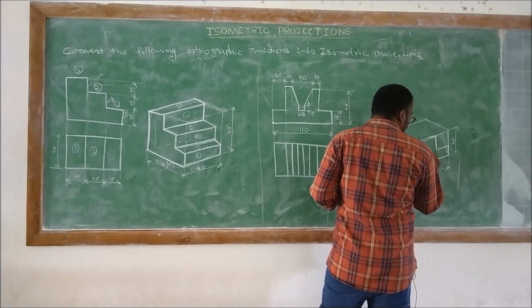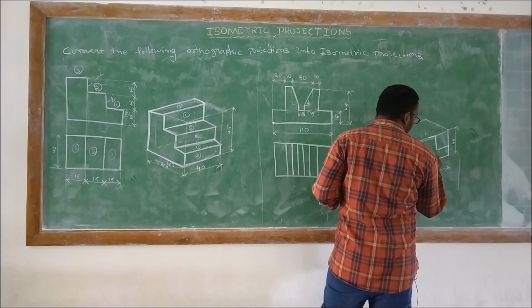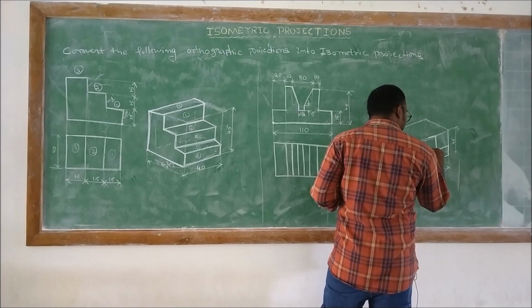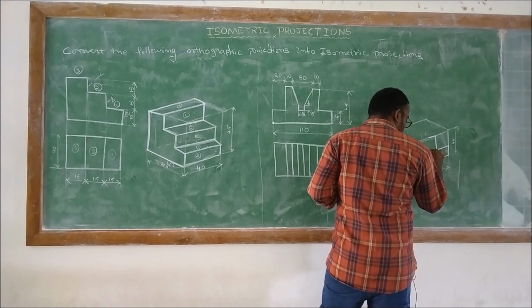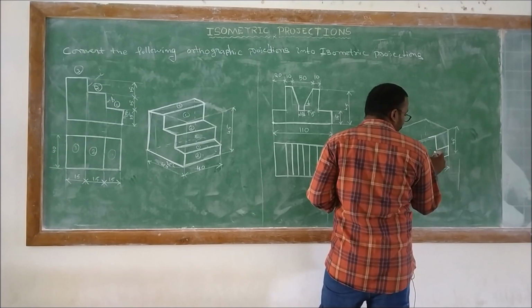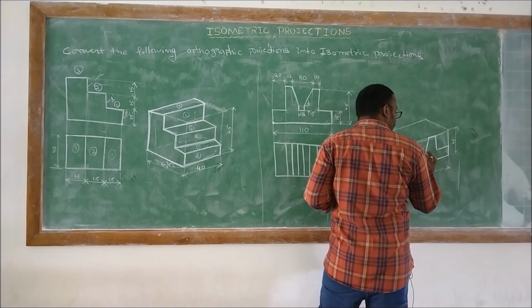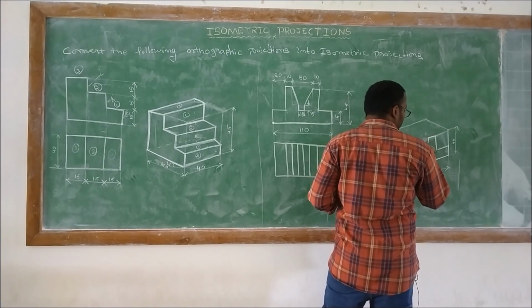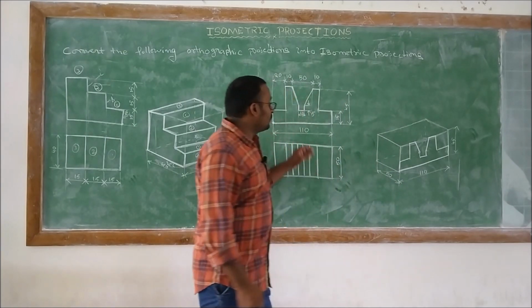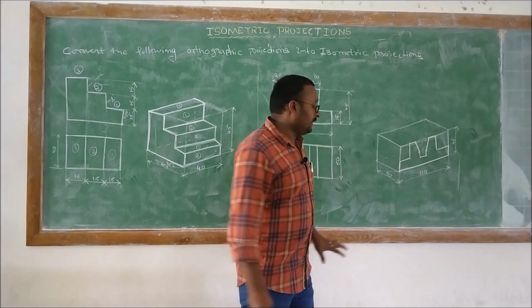Then exactly at the center we will have a 5 mm height, 10 mm width. Then combine those two. So as it is, the diagram should be replaced over here, right?